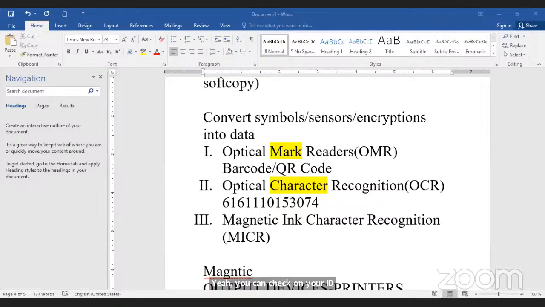Your ID has vertical black and white bars. Some are thin, some thick, some small.